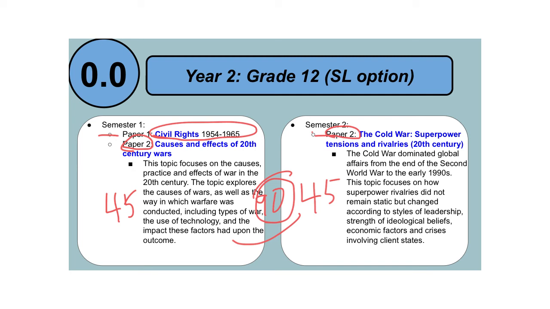If you are taking the course at the SL level, when you take the Paper 2 exam, you can either write your paper on independence movements, authoritarian leaders, causes and effects of 20th century wars, or the Cold War, superpower tensions and rivalries. But if you take it at the HL level, you do not have a choice. You're actually required to do independence movements and authoritarian leaders. HL students actually get choice in other areas, and we will talk about that now.